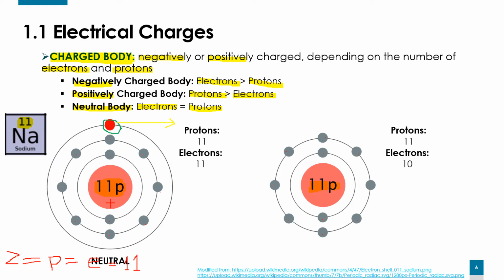What do I have more? Is my atom now positively charged or negatively charged? How do I know? It has more protons than electrons, so it has more positive than negative. So it is positively charged. How do I represent it?